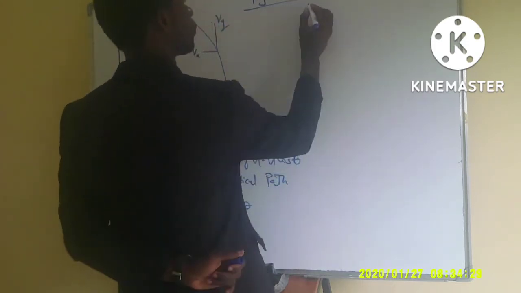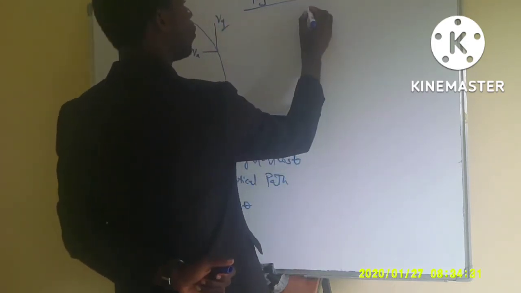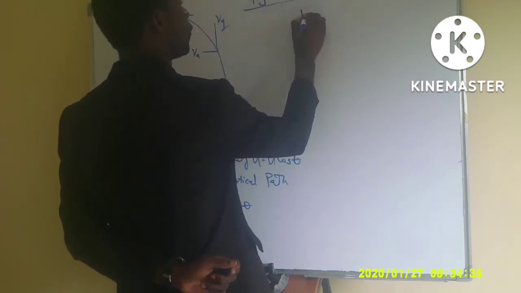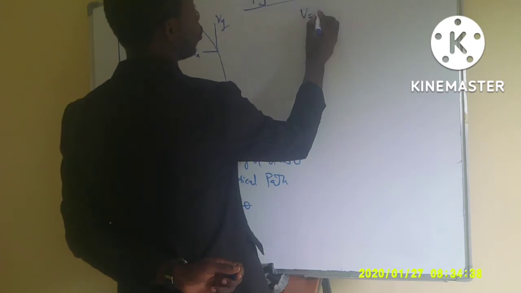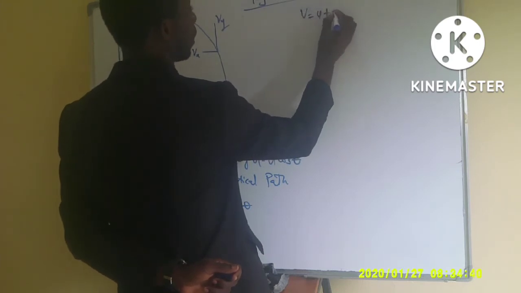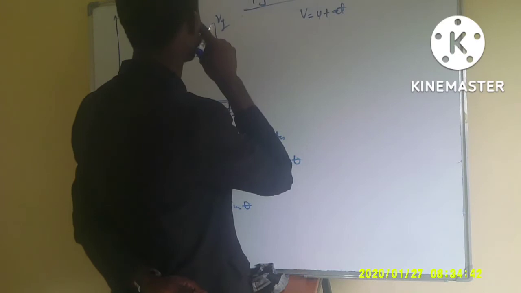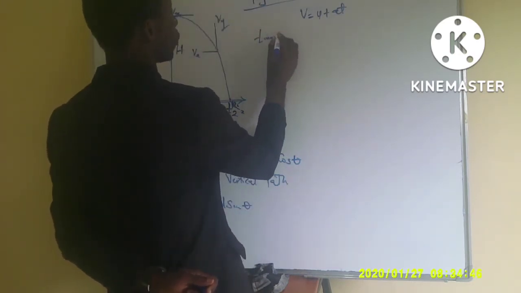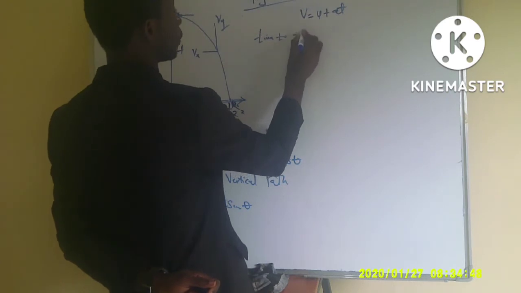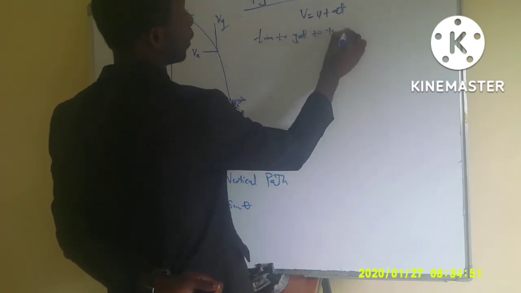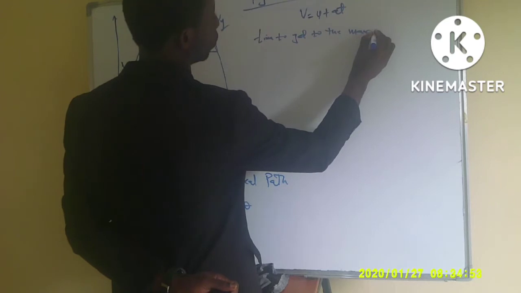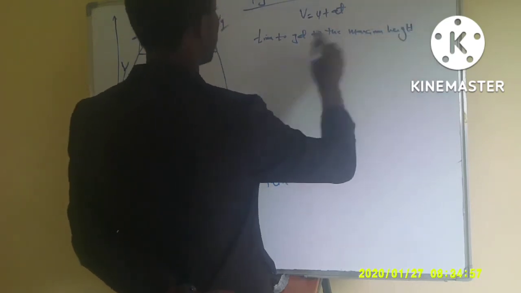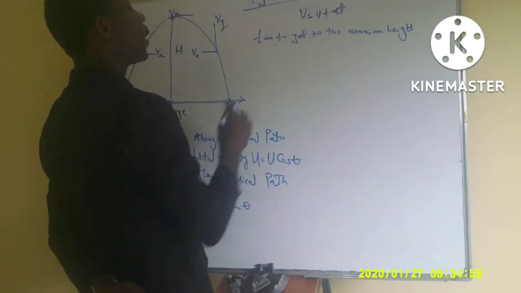Now we can say we have the equation of motion. Our first equation of motion is v is equal to u plus at. Now we want to look for the time to get to the maximum height, t.